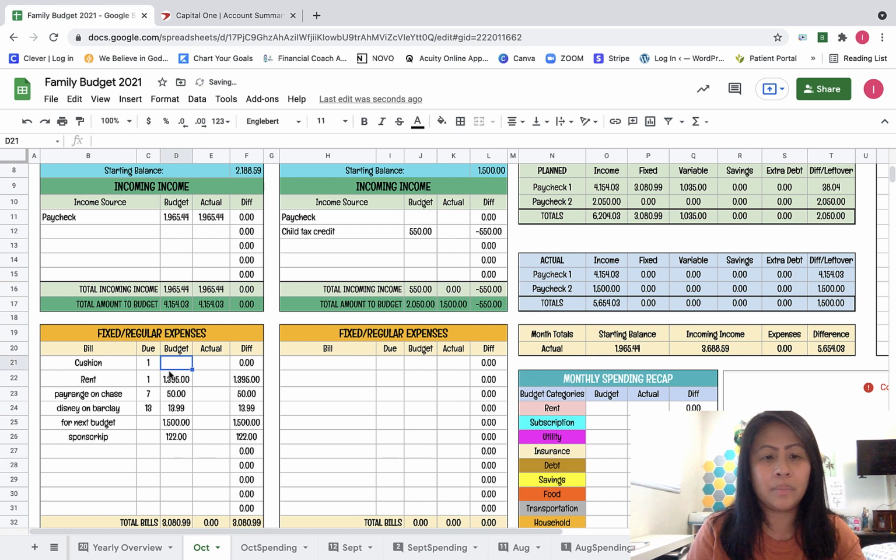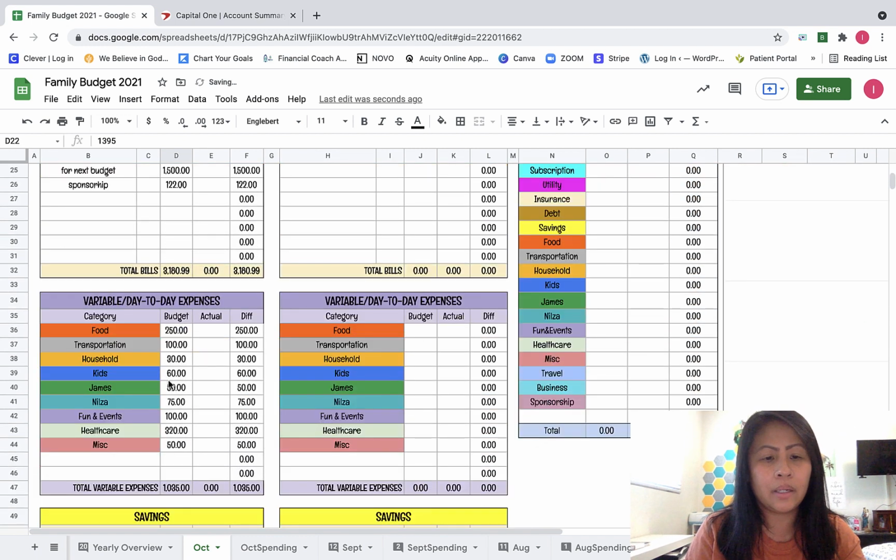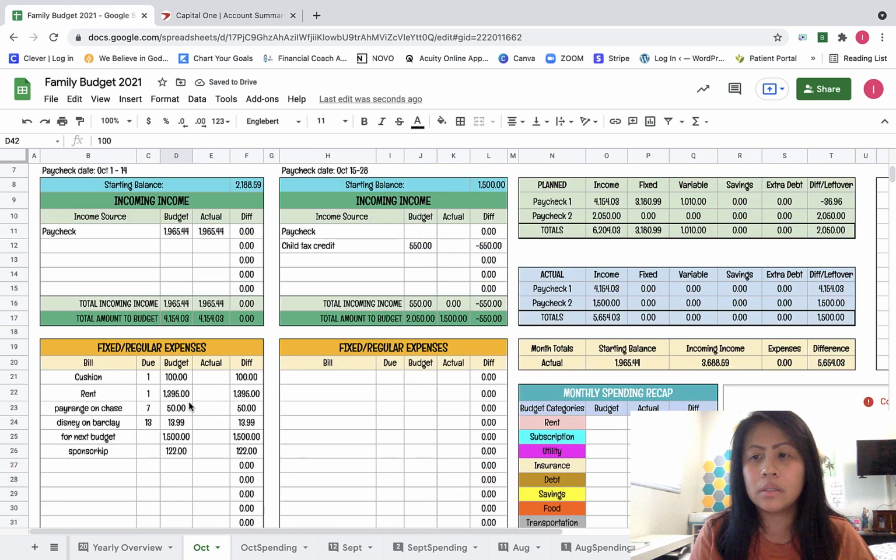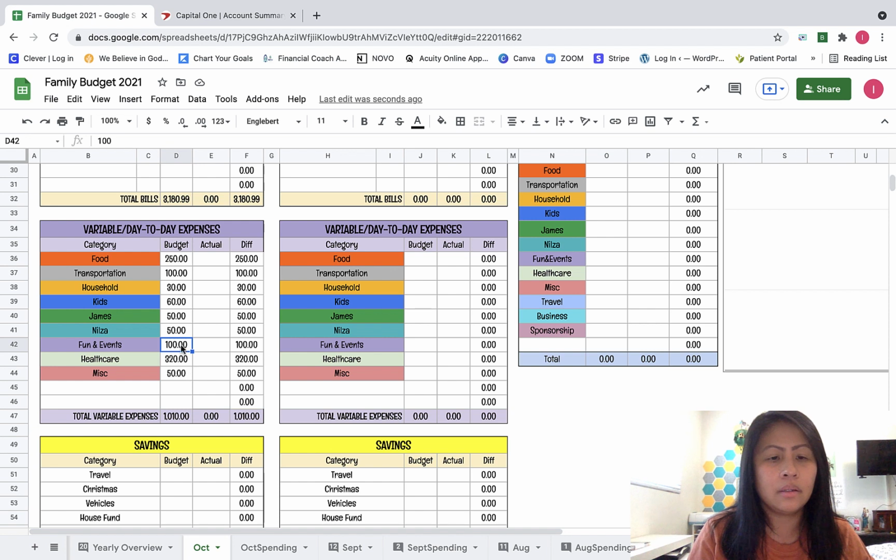So I'm going to put this back to 100. And then I'm going to take away money from, where should I take money away from? I'm just going to put myself back at 50 because I don't feel like I need that right now.